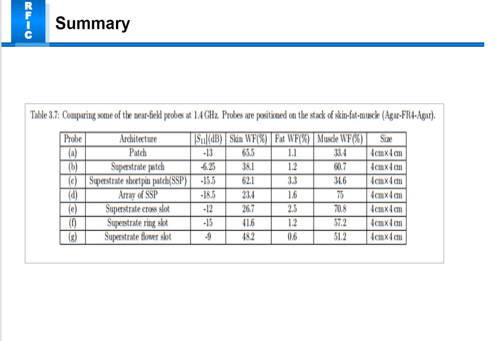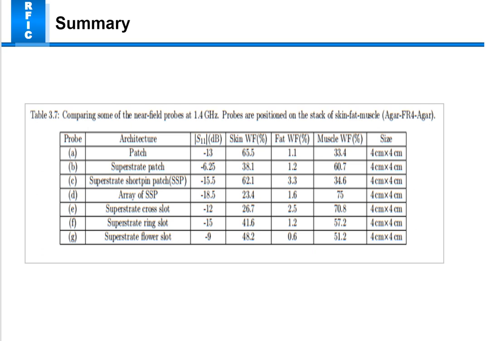In this chapter, the probe design for a human body microwave thermometer results in designing a near field probe capable of detecting small temperature variation of deep tissue layer. Several near field probes matched to a stack of skin, agar phantom fat, FR4 substrate, and muscles were designed.